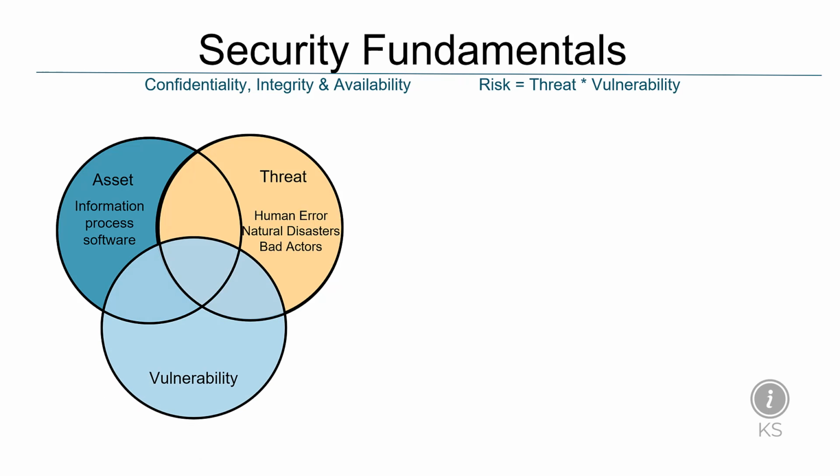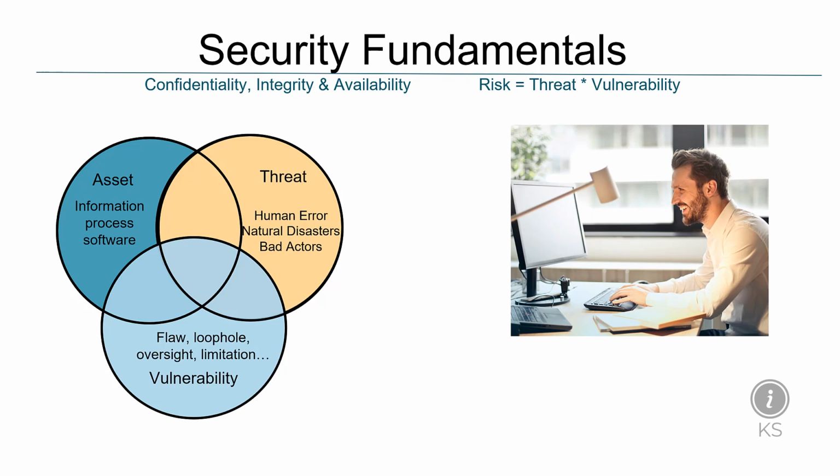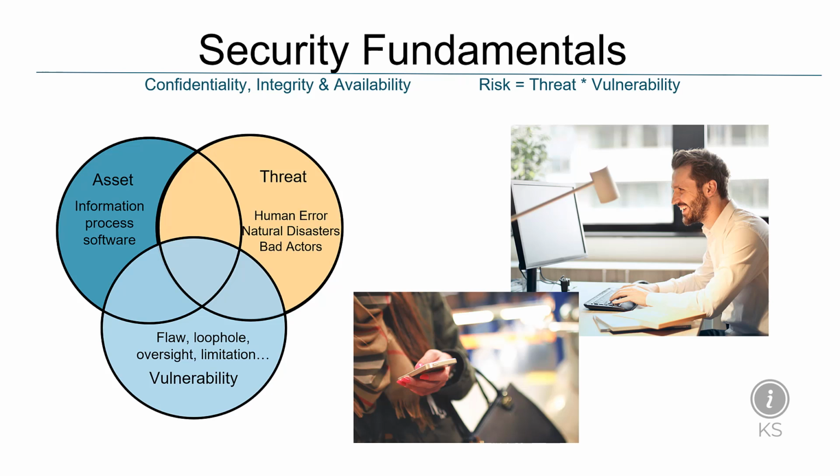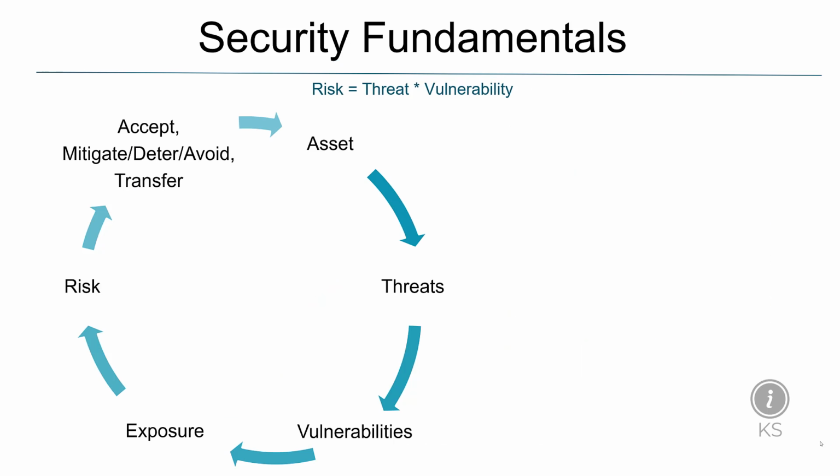The vulnerability is a flaw, a loophole, limitation, or an oversight. In the inbox for humans, it's clicking on a link in the email that they shouldn't be clicking on. It's the threat coupled with the vulnerability that puts your asset at risk. Let's go a little deeper in understanding the elements of risk management and how they directly apply to security fundamentals.